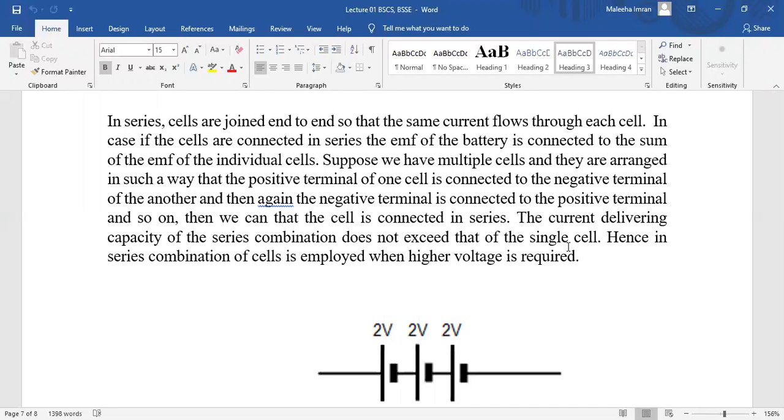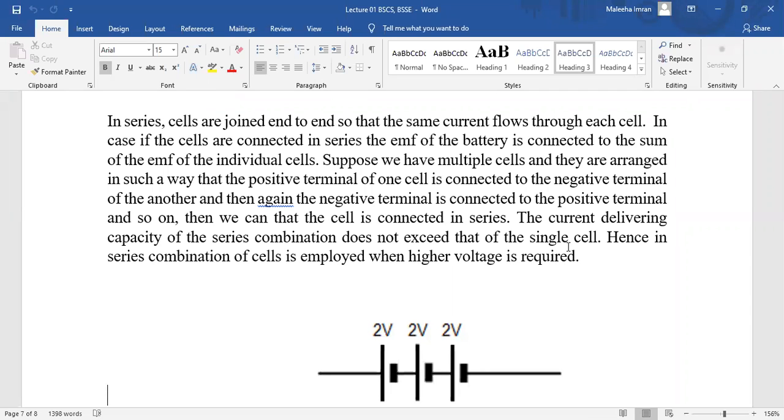The bigger line, which is positive, is also known as the anode, and the smaller line is the cathode. So from here, what you see? From here we see that the anode of one cell is connected with the cathode of the other. So this is a situation.